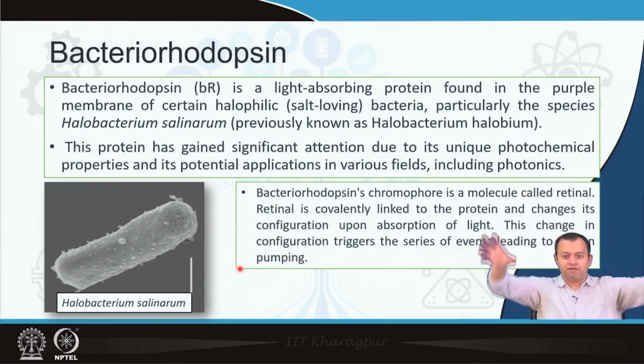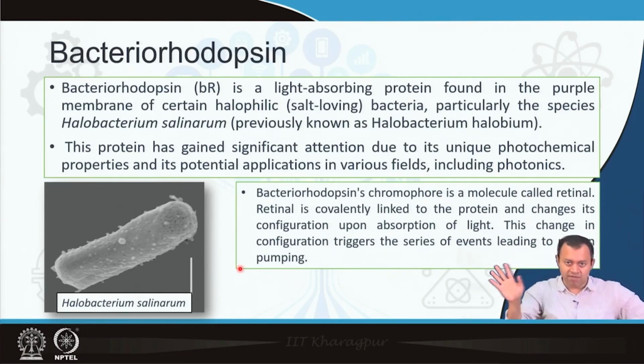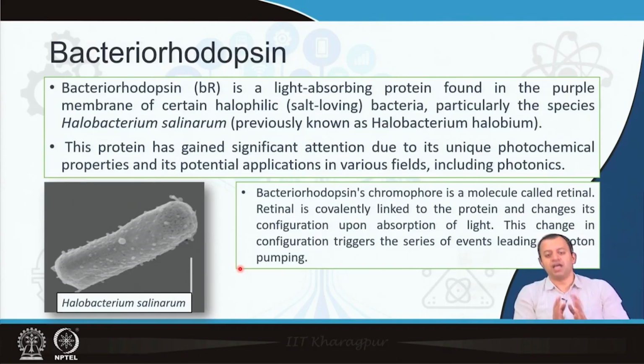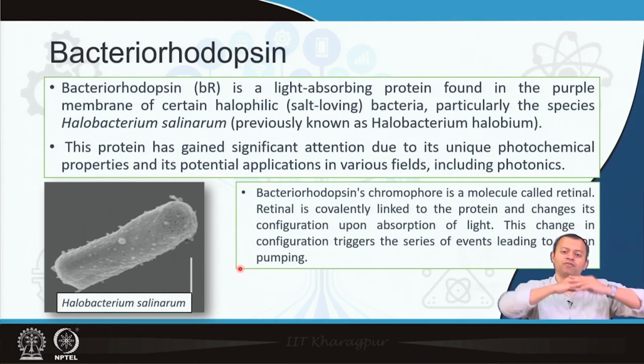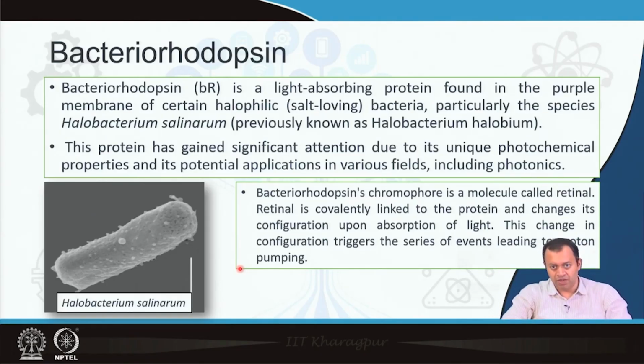So, you have a thin film made up of this particular chemical retinal connected with a molecule, and you then hit a specific area of the thin film with a specific laser, and only those areas where the laser has hit have an isomerism, a change in conformation of the protein, the rest of the area does not, right.